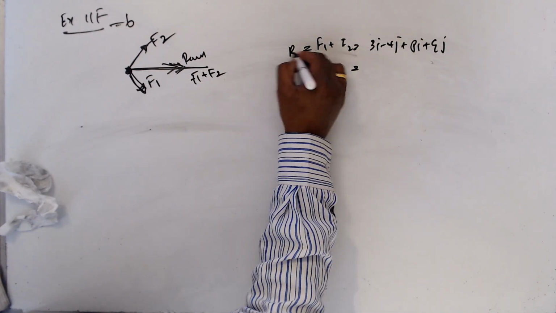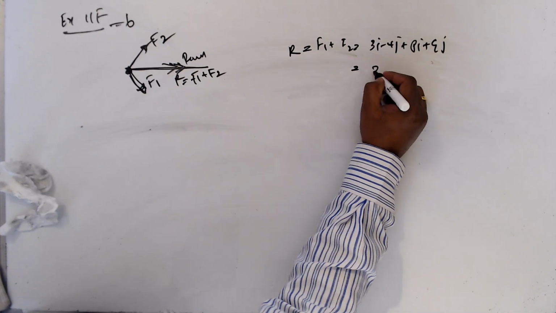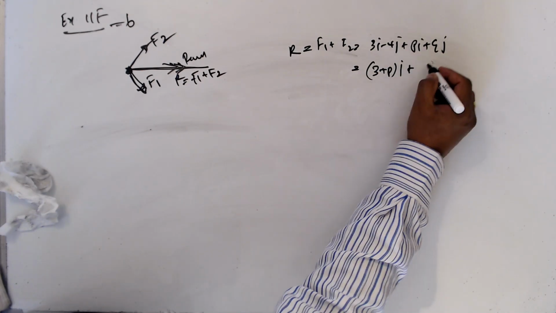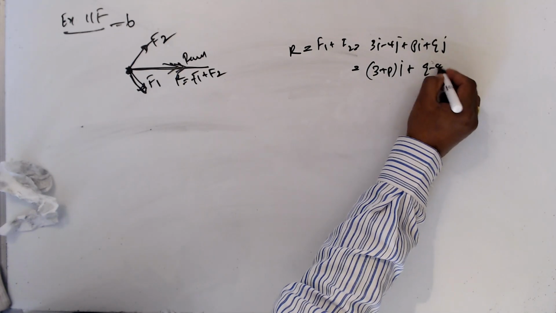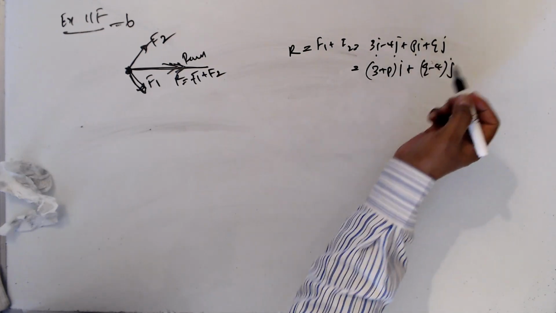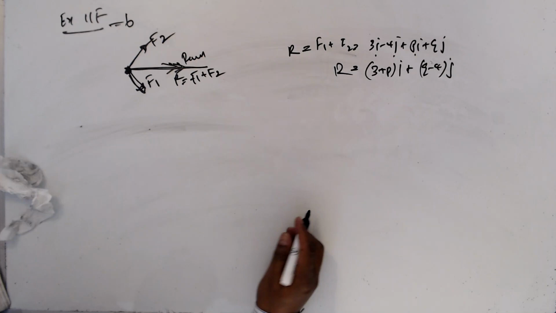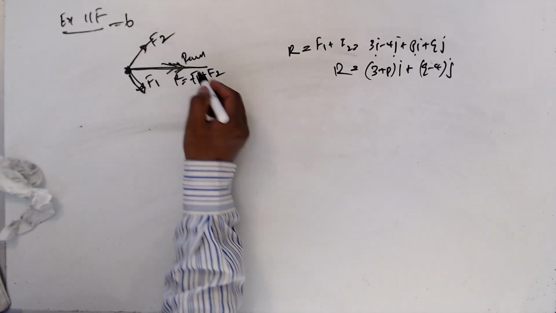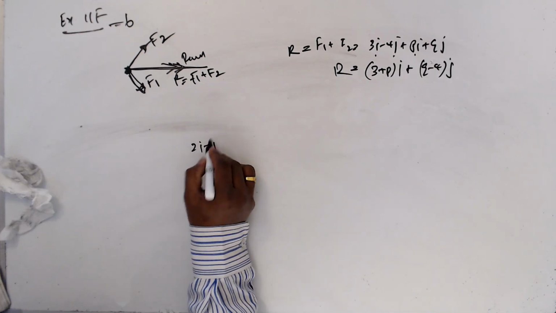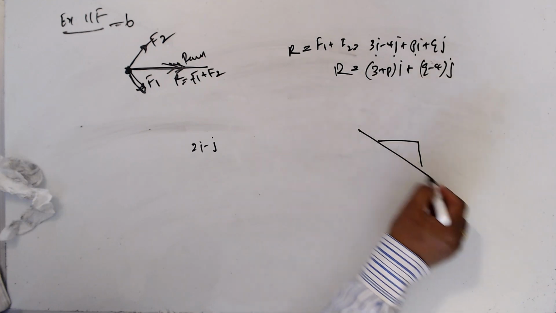So this is called R. So this is 3 plus p i plus q minus 4 j. I bring i together and j together. So this is R basically. So this R is parallel to 2i minus j. It means this direction.